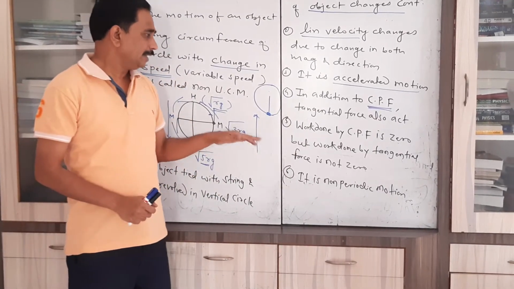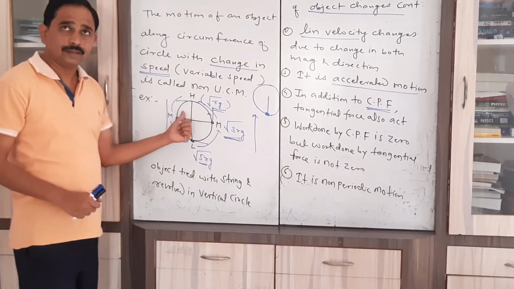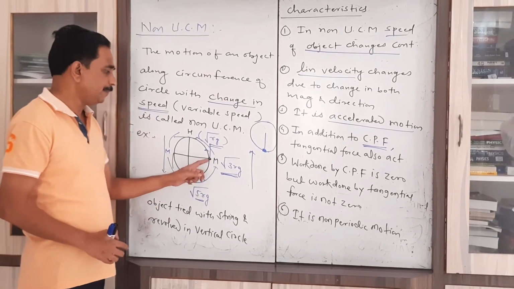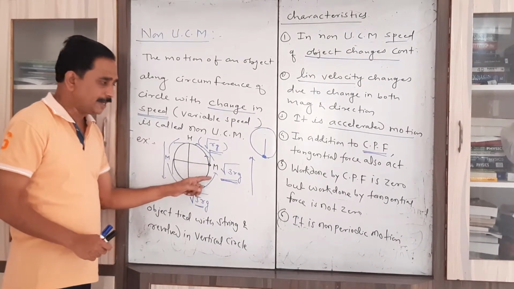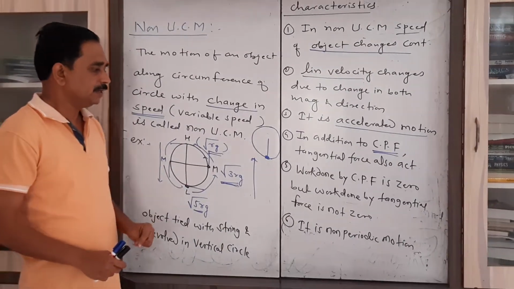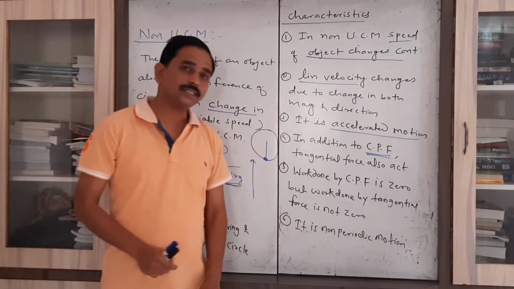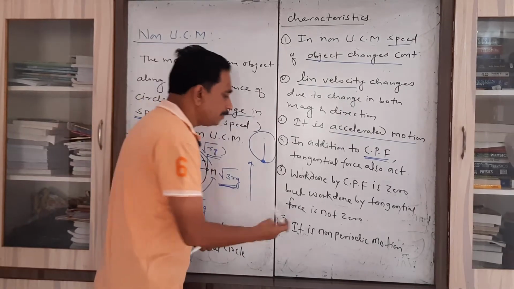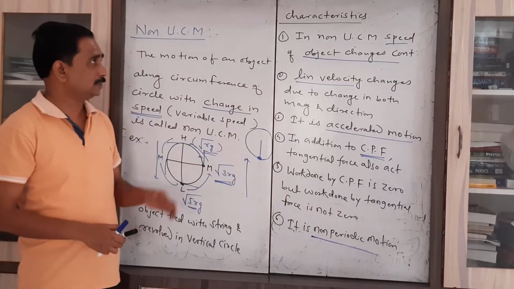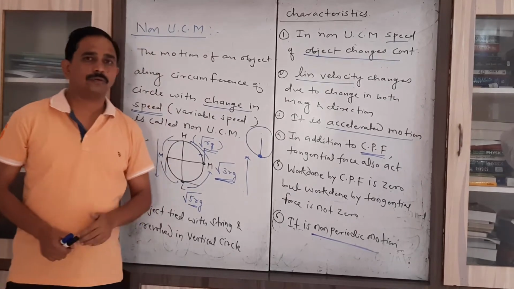And as this is a motion in which the speed changes continuously, the object doesn't perform one revolution in a particular time. That's why this motion is considered a non-periodic motion. So these are certain characteristics of non-uniform circular motion.